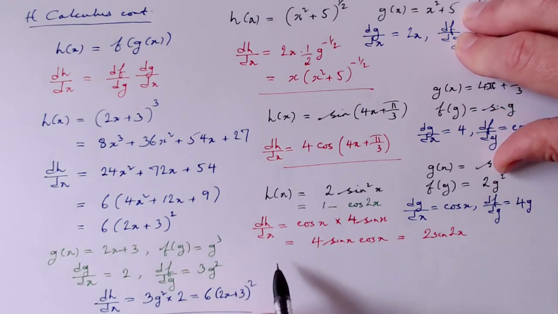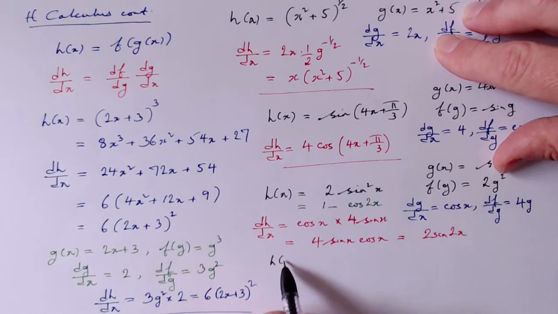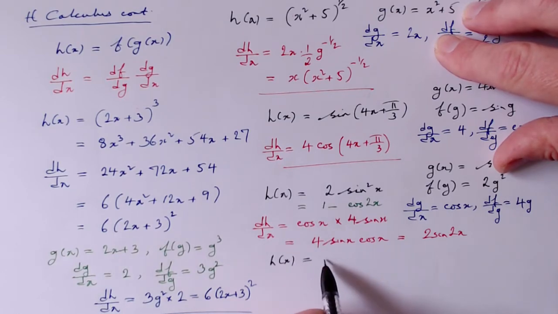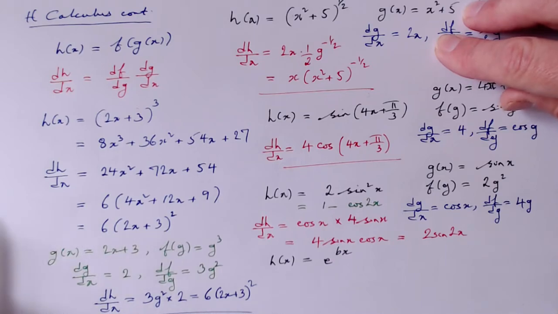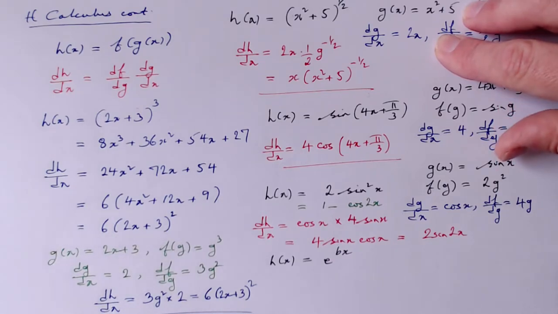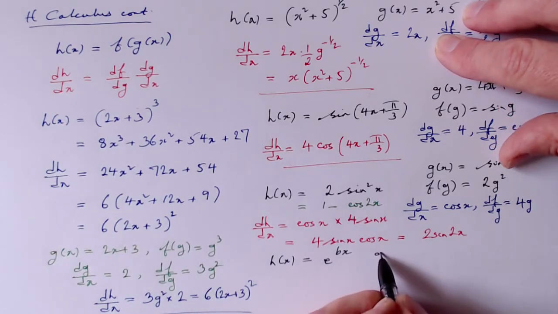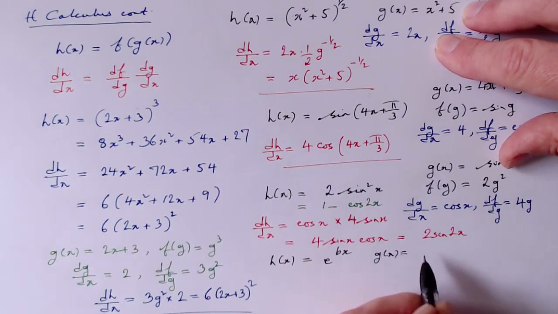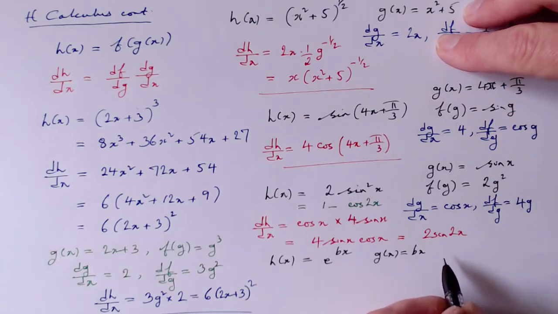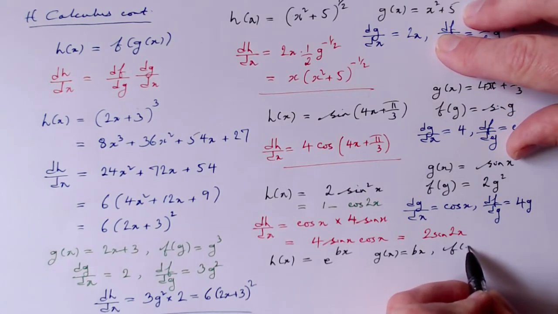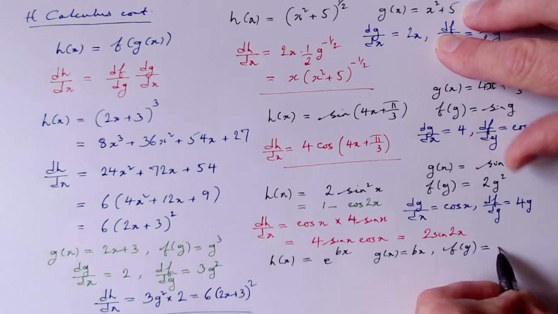Let's think of having a function h of x equals e raised to the power of a constant times x. So this is a very simple example now. The inner function is just bx, and the outer function f of g is just e to the g.